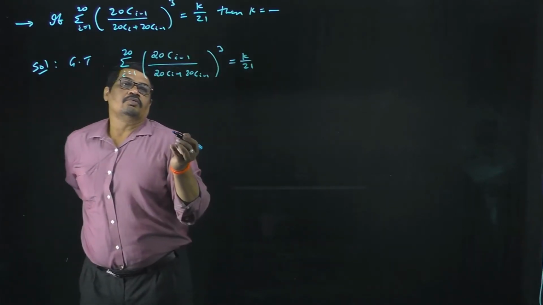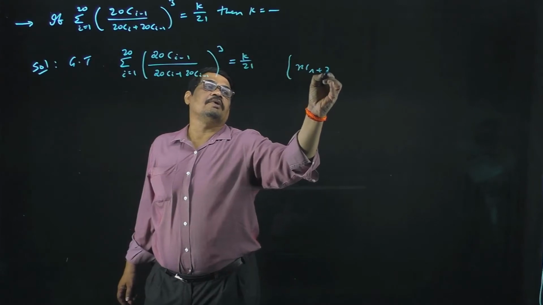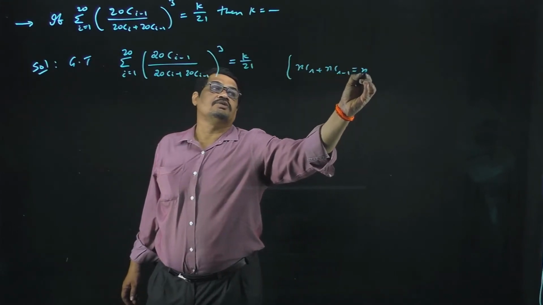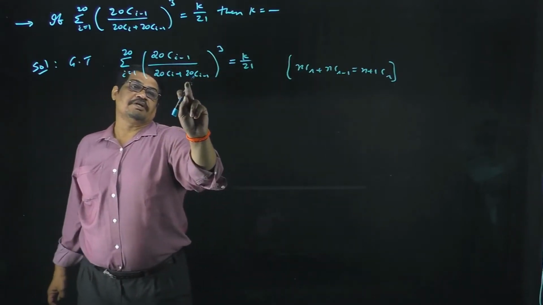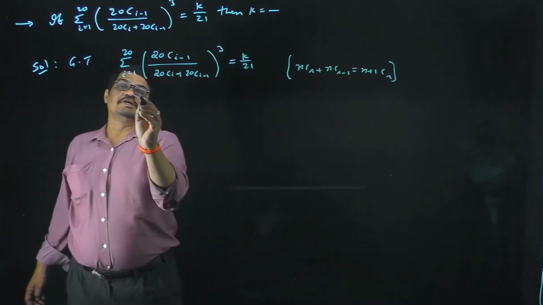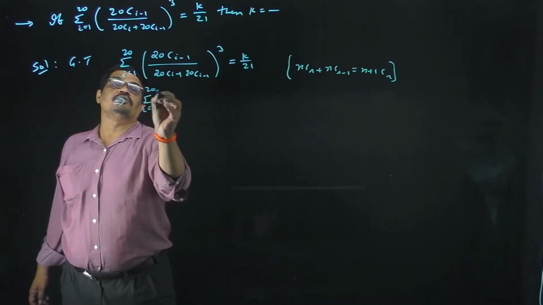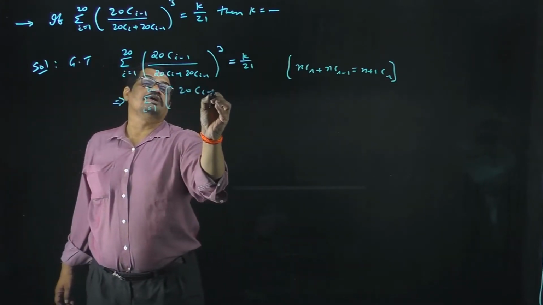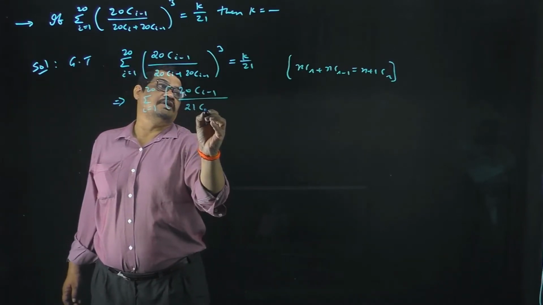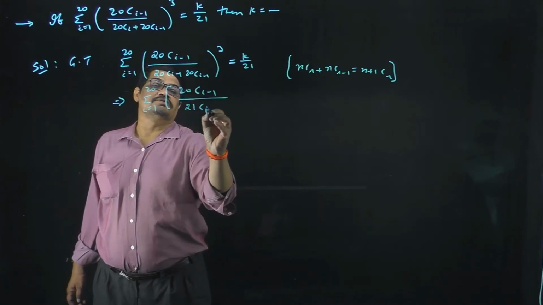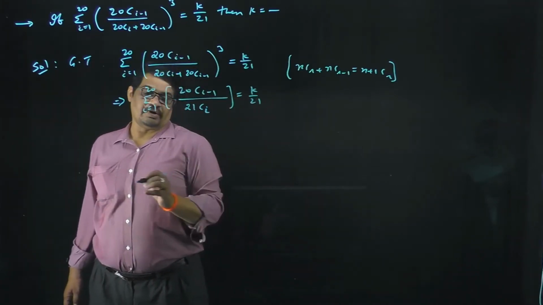Now in the denominator, using the formula nCr plus nCr minus 1 is equal to n plus 1 Cr, 20Ci plus 20Ci minus 1 can be written as 21Ci. So sigma i is equal to 1 to 20, 20Ci minus 1 by 21Ci, that is equal to k by 21.